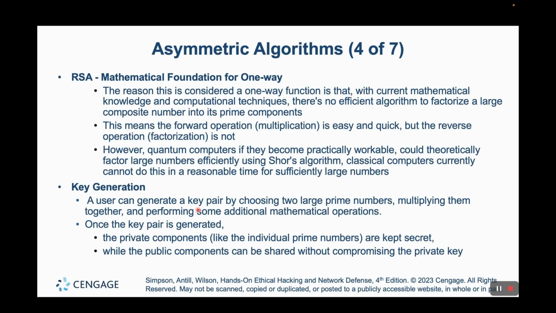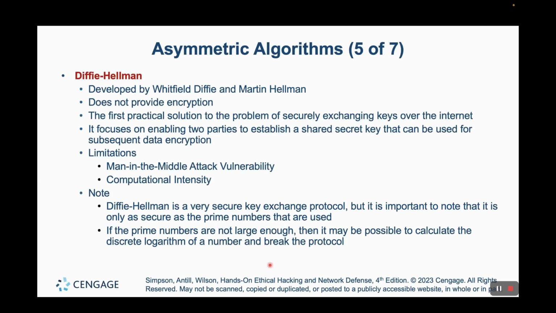A user can generate a key pair by choosing two large prime numbers, multiplying them together, and then performing some additional mathematical operations. That's it. Once the key pair is generated, the private component is kept secret. The public is shared with everyone without compromising the private key.